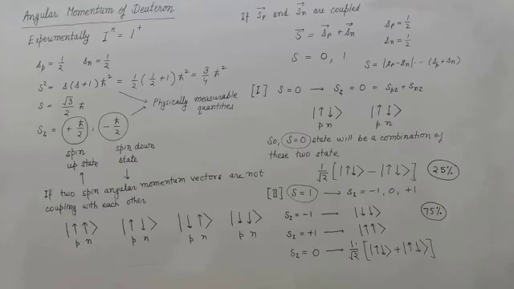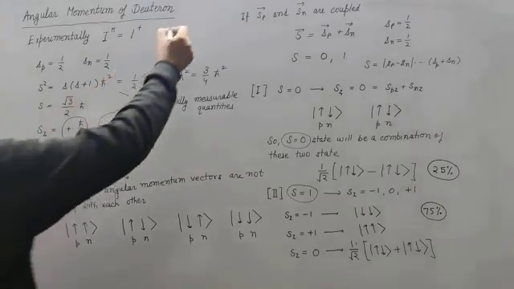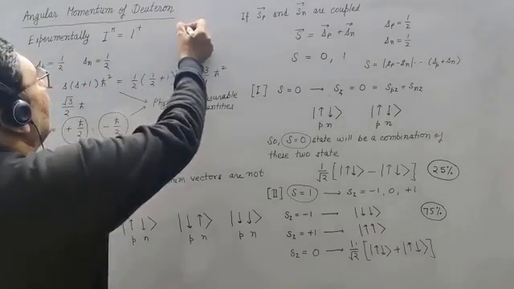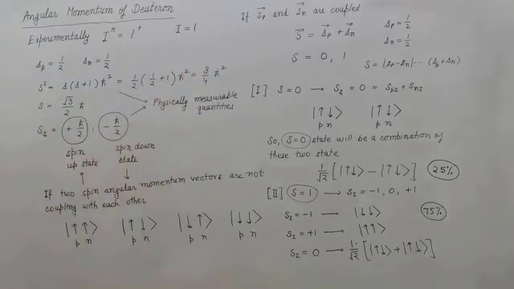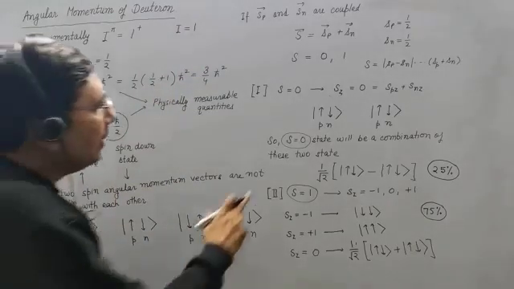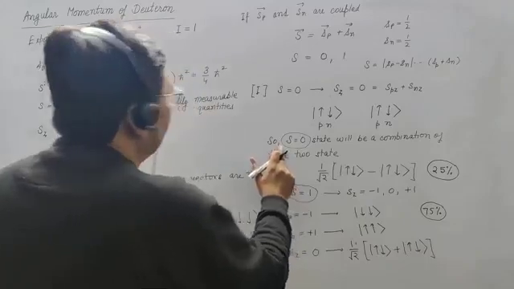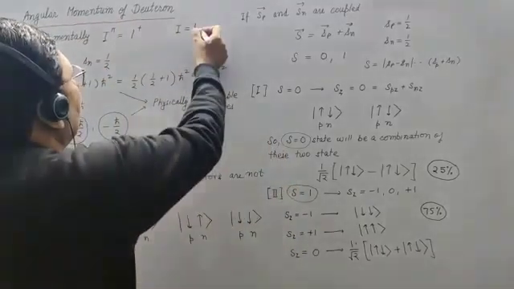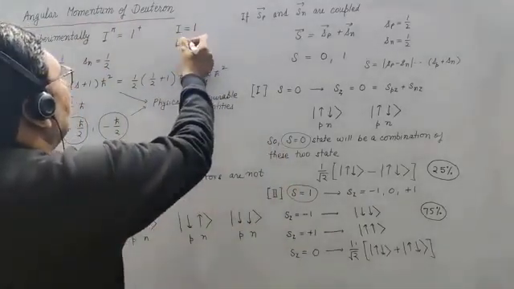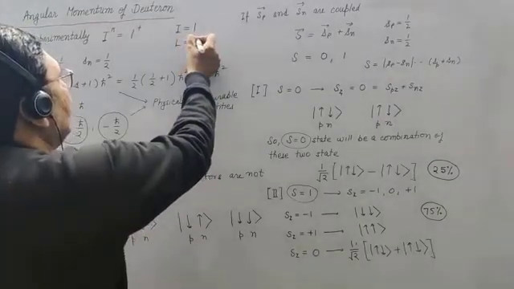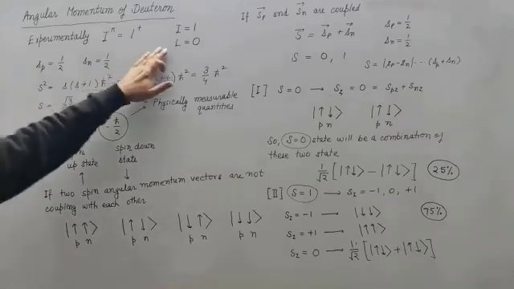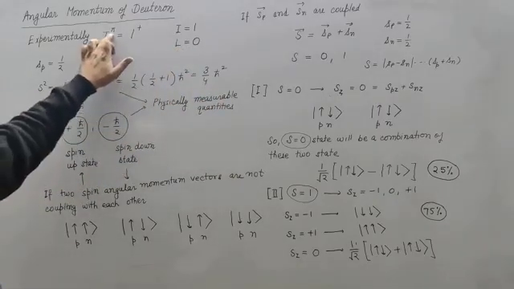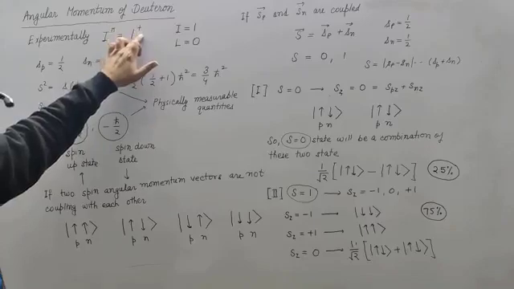We are aware that the I value for the deuteron nucleus is 1, and that L is 0 for the deuteron nucleus. The I pi for the deuteron nucleus is 1 plus.